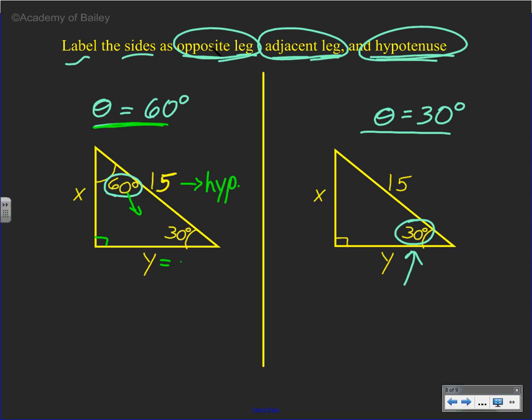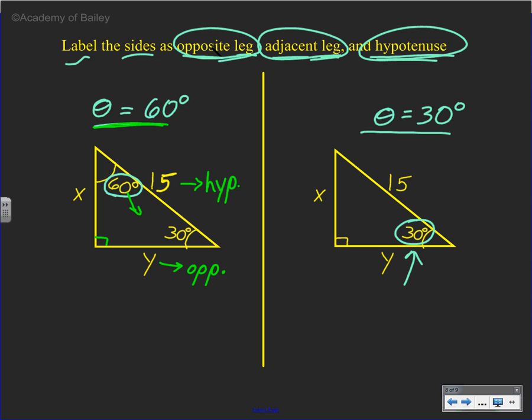So then y is going to be the opposite leg. I'm abbreviating that as opposite, OPP. And now adjacent means it's going to be right next to it.